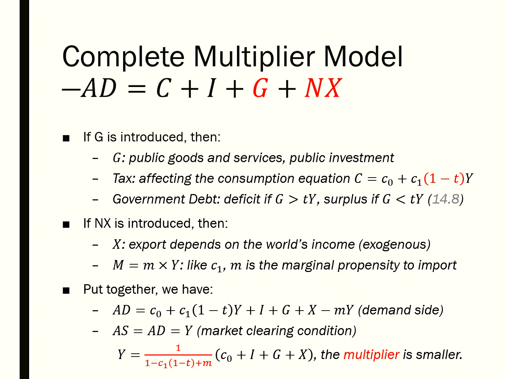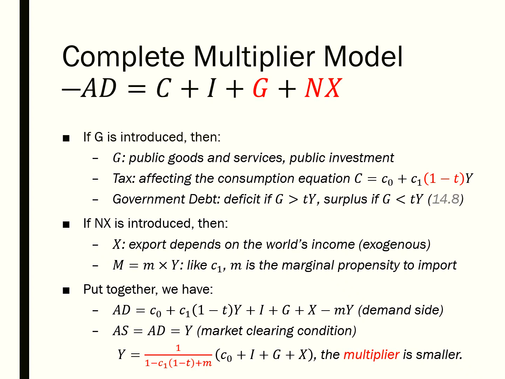The new comprehensive model, the complete model here, has a much smaller multiplier because 1 minus T will reduce C1. Once you reduce C1, 1 minus C1 will be increased. So 1 over 1 minus C1 will be smaller.